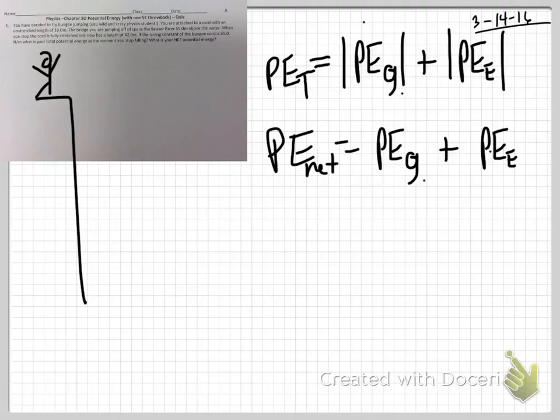Okay, where the net is equal to the sum of the PEg and the PEe. So you're taking into account the fact that they're opposing one another and using signs on them accordingly.